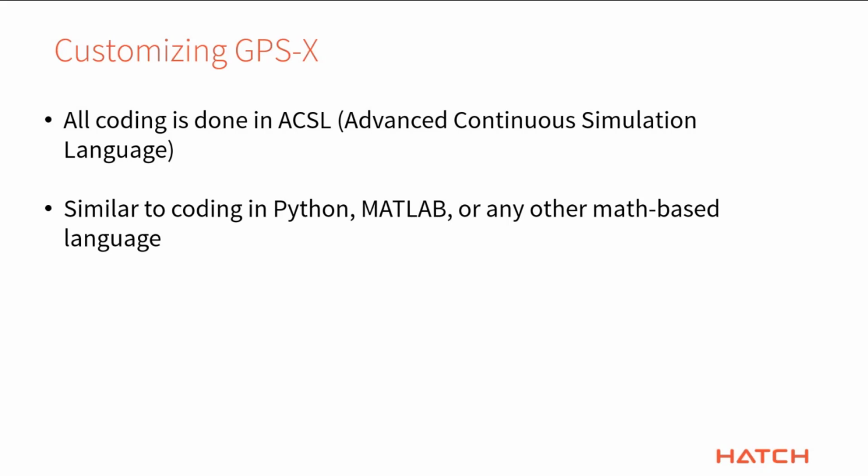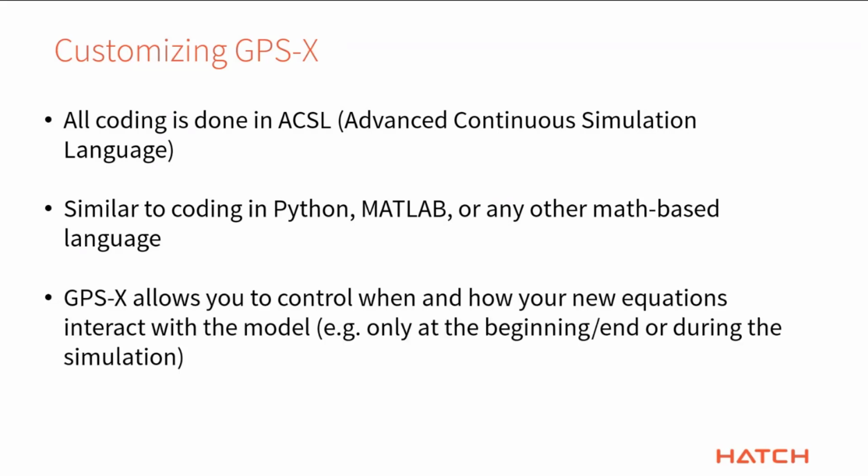So ultimately what you're doing is you're writing Fortran. Any Fortran that you write will also work fine in this step too. So it's very similar to writing something in Python or MATLAB, or the if-then-else statements inside Excel. Actually, I find it easier to work with than writing out those long sets of brackets in Excel. But nonetheless, it's any other sort of math-based language.